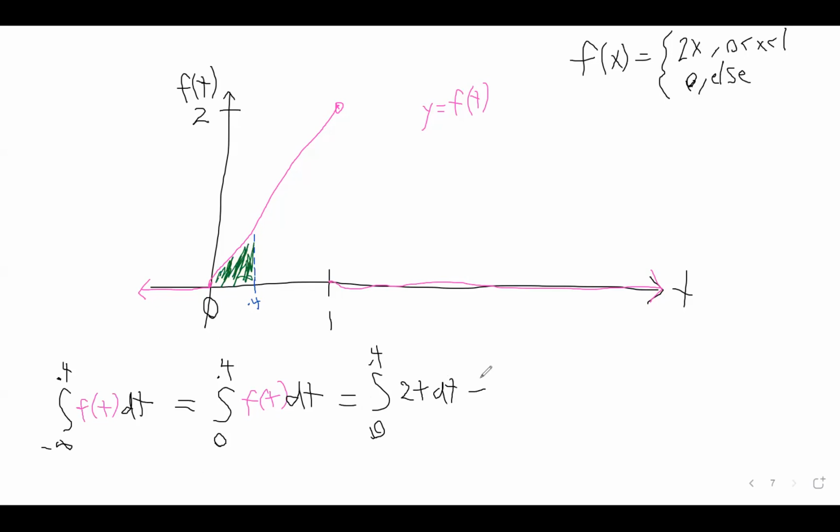And so you integrate that, and you get 2 times t squared over 2, evaluated from 0 to 0.4. The 2 and 1/2 cancel, so you really get t squared from 0 to 0.4, so you get 0.16.